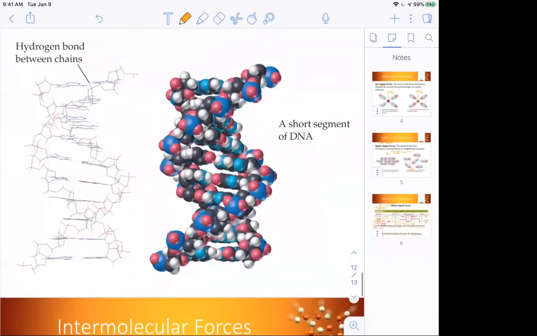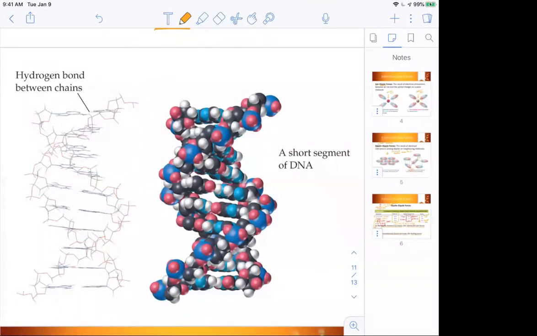One interesting point, if you're going into biochemistry, or if you've talked about biochemistry in a biology class: the double-stranded DNA alpha helix is actually held together by hydrogen bonds between the two different chains. Those nitrogenous bases present in DNA and RNA, when DNA coils and forms the alpha helix, it's those hydrogen bonds between the chains that keep the molecule together. Now, this is interesting.